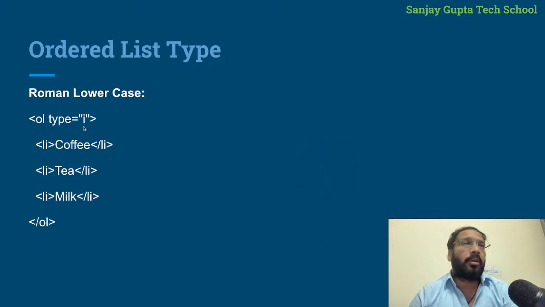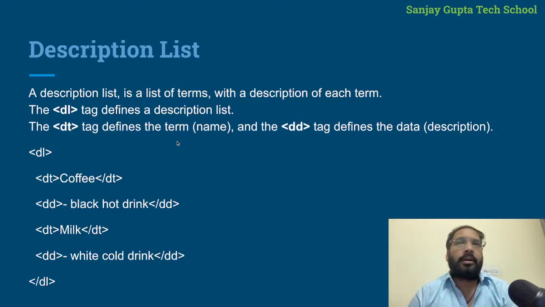And we have lowercase Roman as well. Whatever you want to use depends on your requirement. So we have different styles for this ordered list. I hope these are straightforward and you can implement and practice.